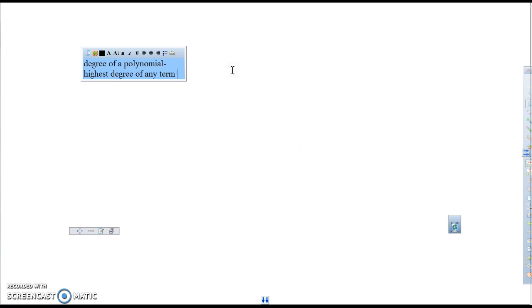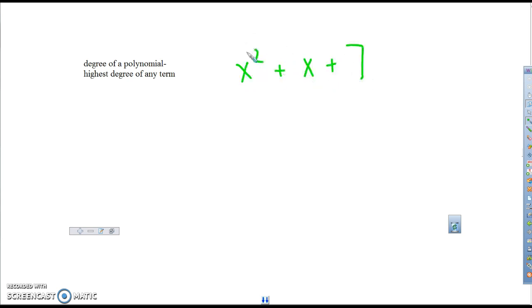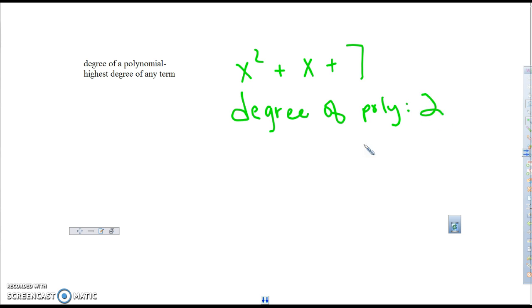So in that example we had x squared plus x plus 7, the highest degree here is 2. So the degree of the polynomial would be 2. Okay? I'm going to give you an example to try on your own.